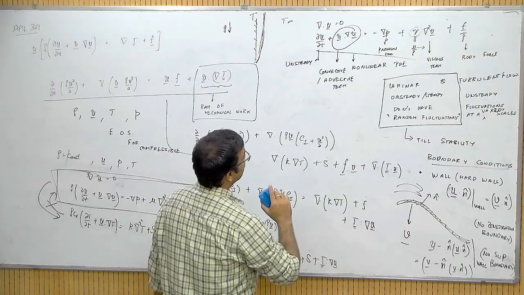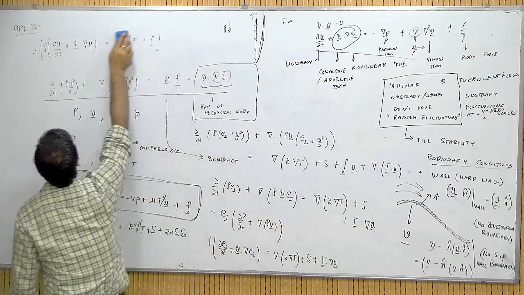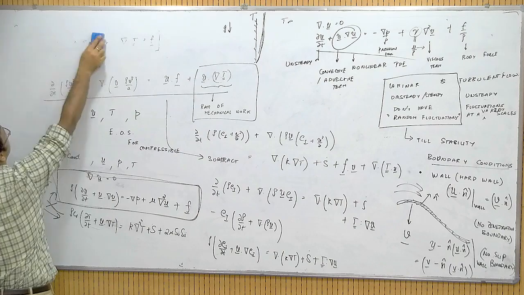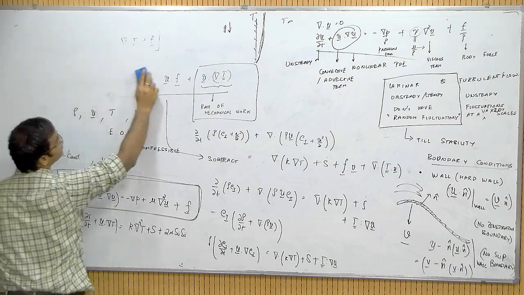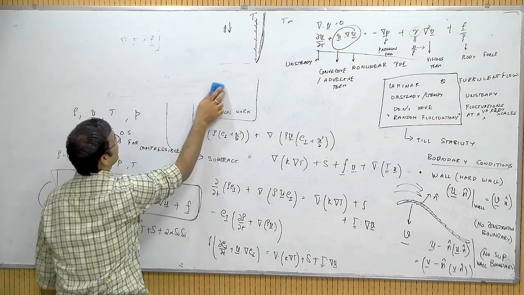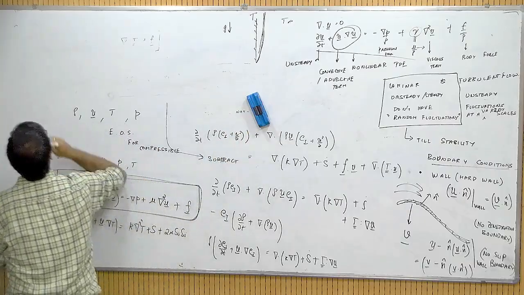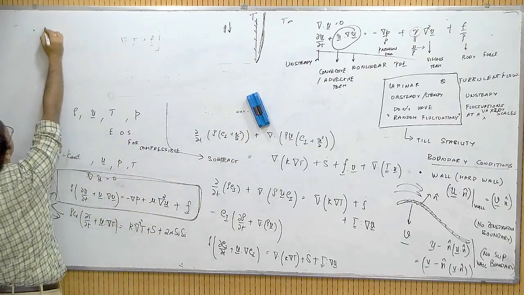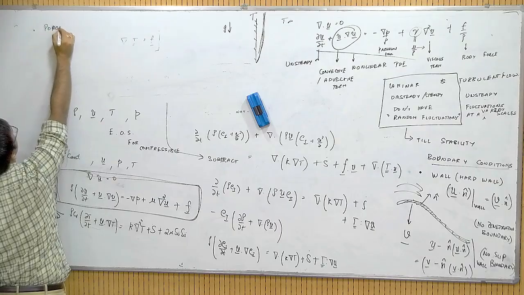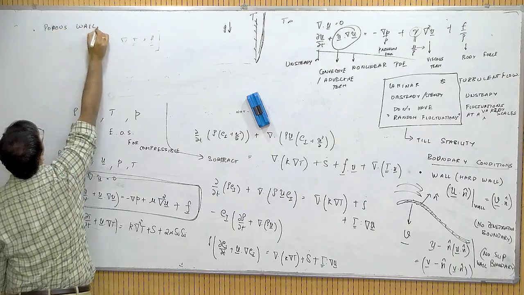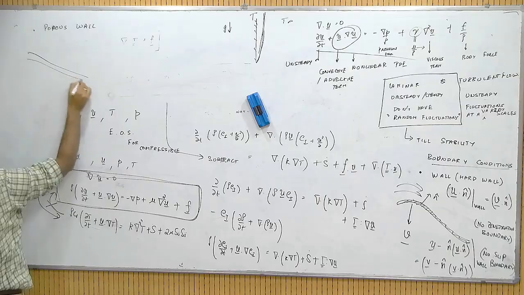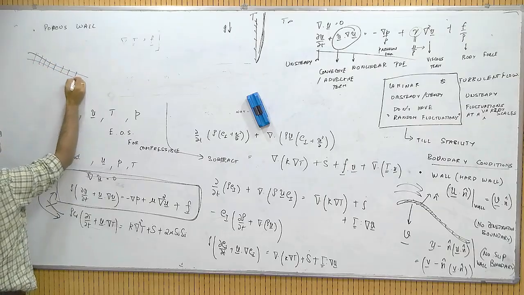So, these are hard wall boundary conditions. Then there are porous wall boundary conditions that we can define. So, in porous wall, you have a wall that may have some pores through it. Okay.